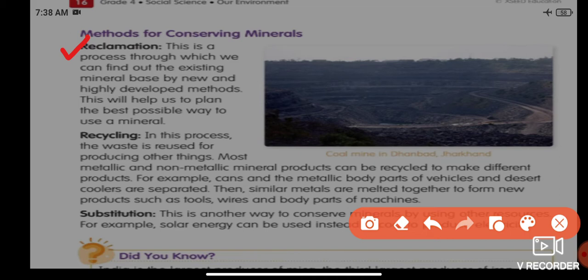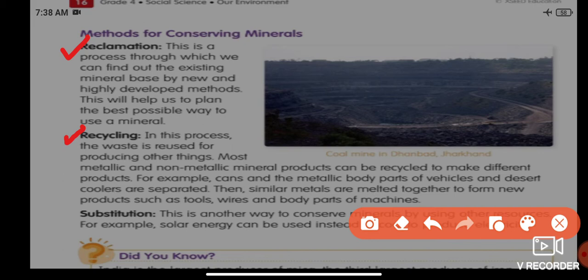And what is recycling? In this process, the waste is reused. It is used over and over again for producing other things, like those scrap collectors who come and collect tin and iron.